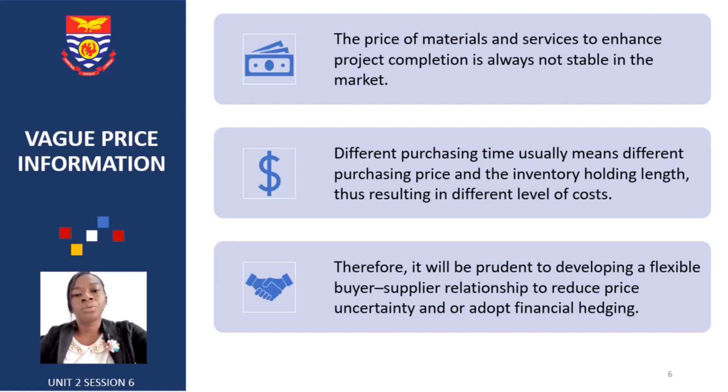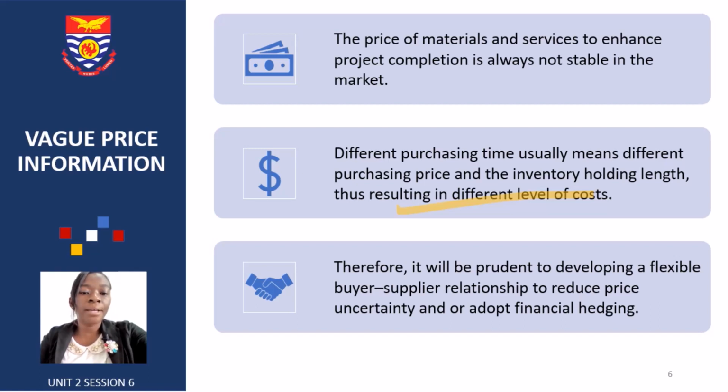So when it comes to price, it is very key, and unfortunately, inflation and all those other economic variables make it a bit hard. And so there are always changes or fluctuations in them. Different purchasing time usually means different purchasing price, and inventory holding length results in different levels of cost.